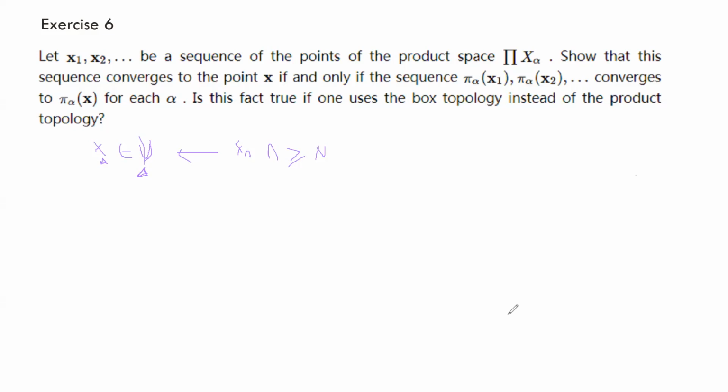Well, I guess we just do the same thing again. We take any open set around the point X, and basically what we see is that it should always contain some other point, right? Because it contains some other point, we look at their coordinates.